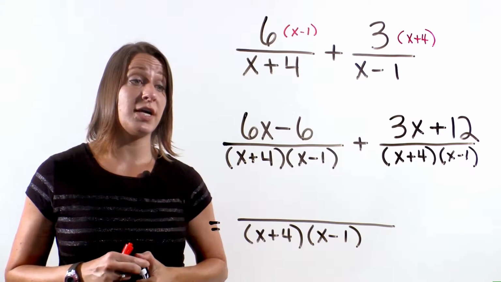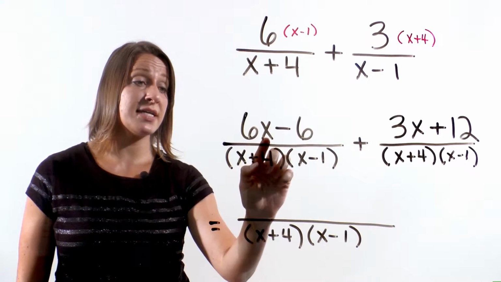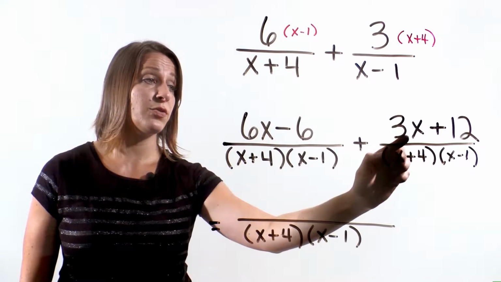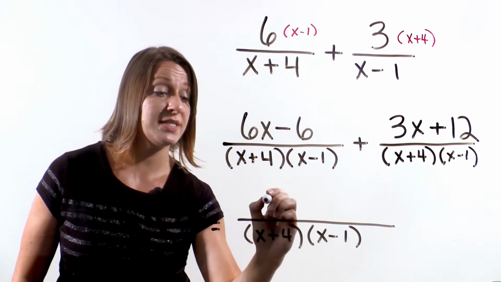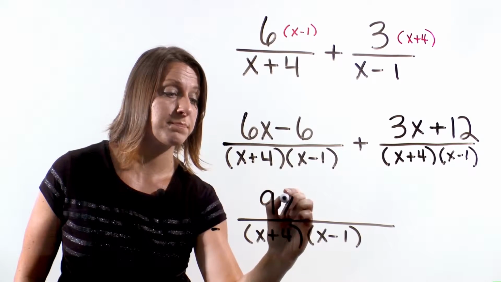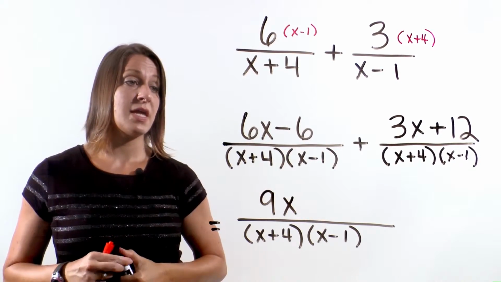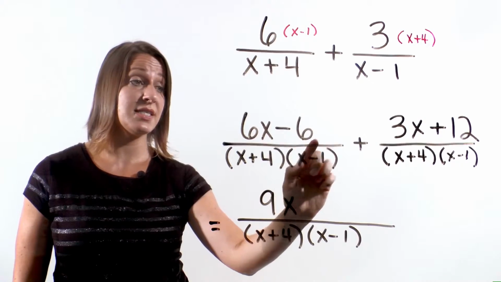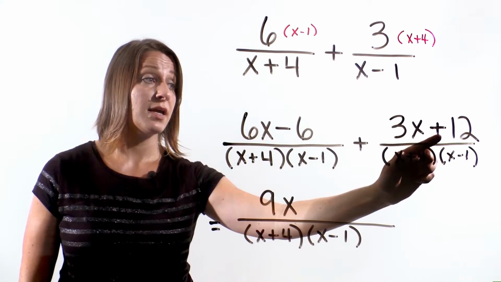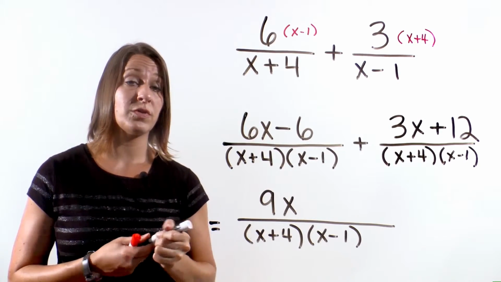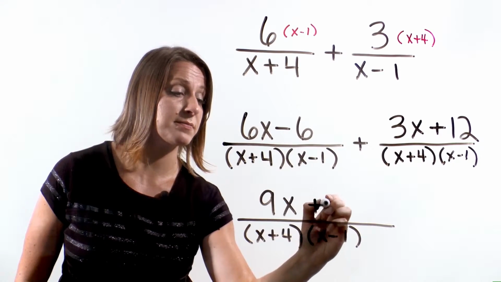And we'll add straight across. We have 6x plus 3x, which makes a 9x. We have negative 6 plus a positive 12, which is a positive 6.